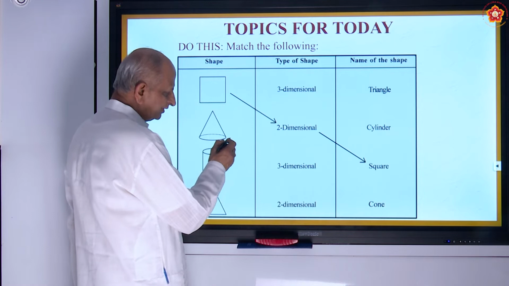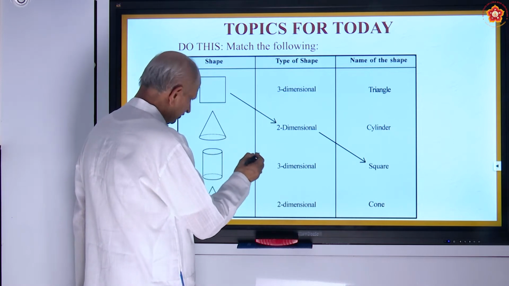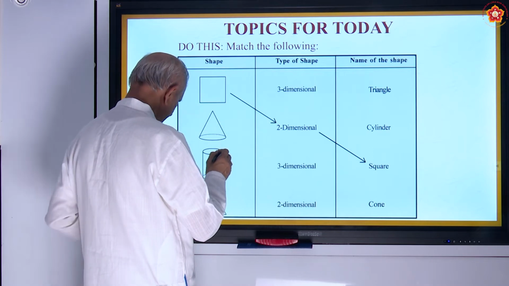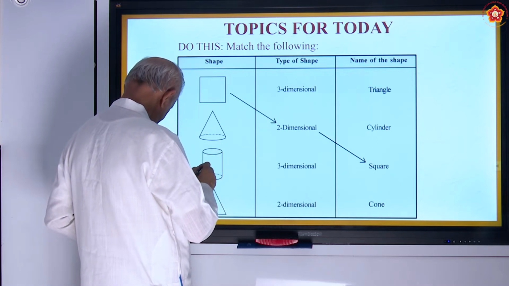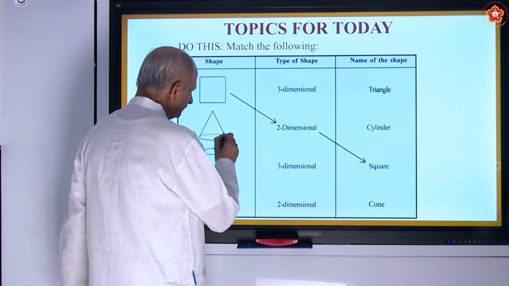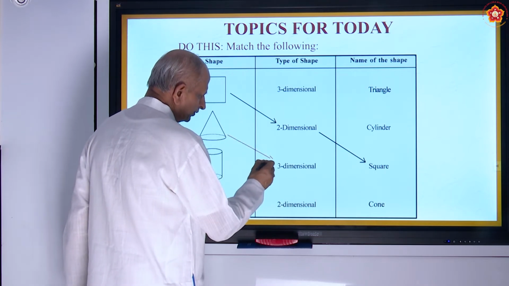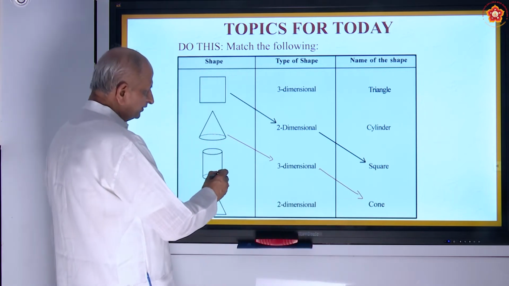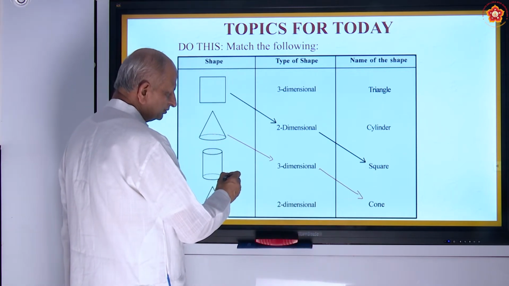So we have to match this now. This is the three-dimensional one. Its name is cone. Then this is three-dimensional.